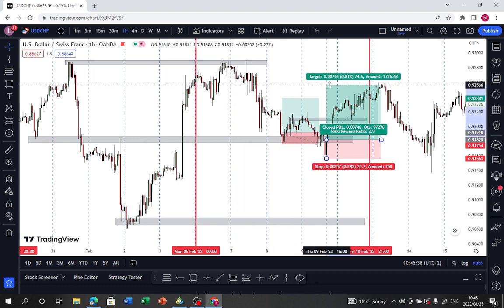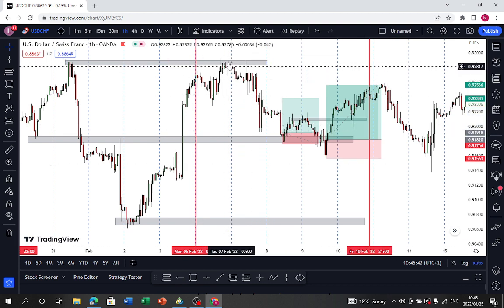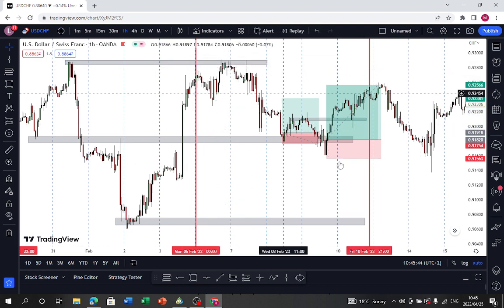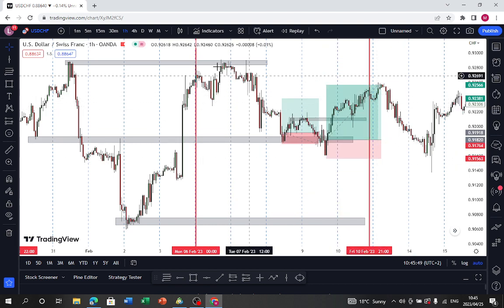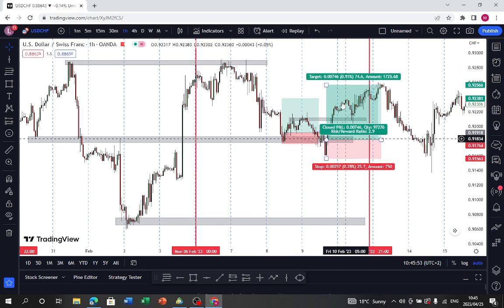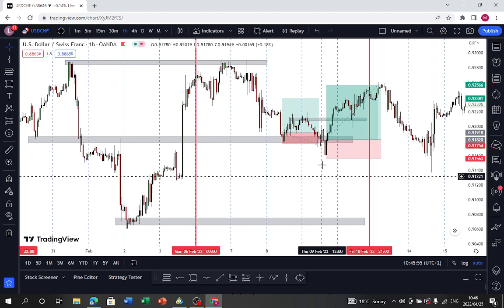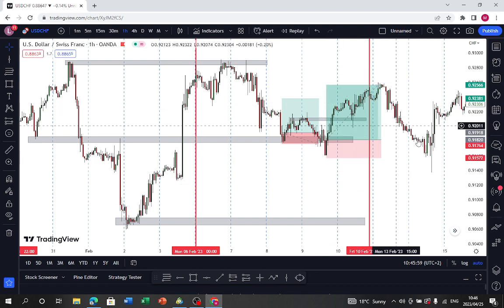But what you are anticipating also is for this to be taken out, because this week went down, so it means it's a consolidated week. This week has to be taken out, right? So you are up almost 3% on this entry. You can close.